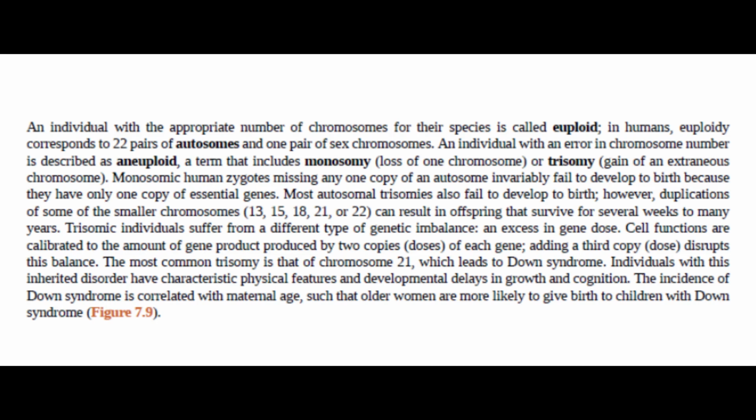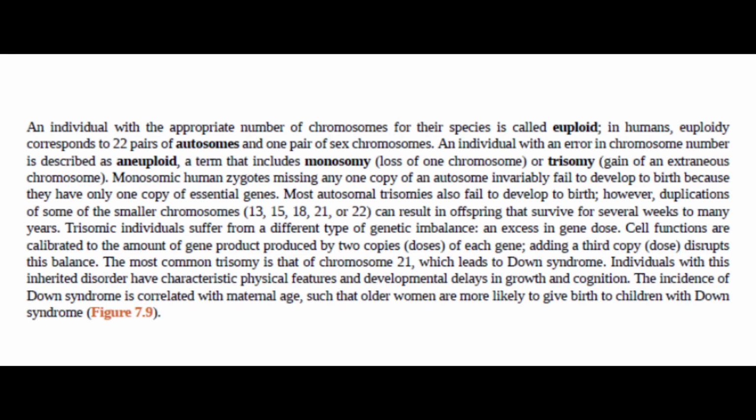In humans, euploidy corresponds to 22 pairs of autosomes and 1 pair of sex chromosomes. An individual with an error in chromosome number is described as aneuploid, a term that includes monosomy, loss of 1 chromosome, or trisomy, a gain of an extraneous chromosome.